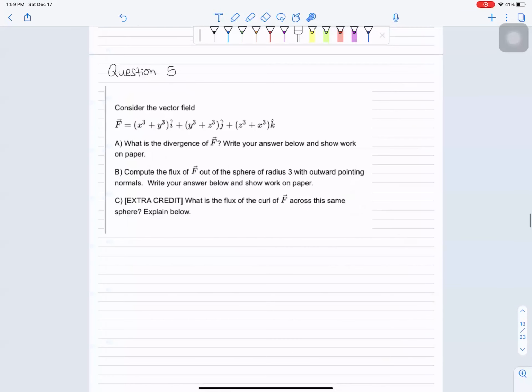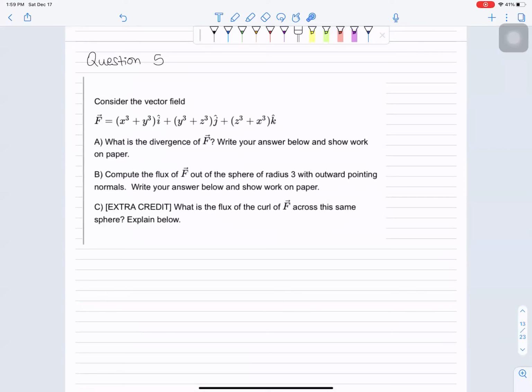Okay, part 5. So we have this vector field and it says, what is the divergence of F? We know that by definition, the divergence is the partial of your first component with respect to x, plus partial of your second component with respect to y, plus partial of your third component with respect to z.